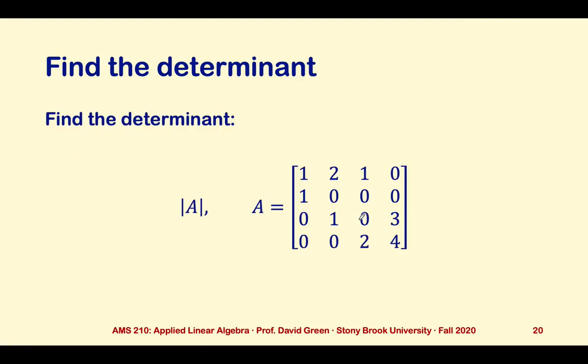Now, let's take a matrix of less of a simple form. We find the determinant of this matrix A. Once again, pause your video, try to find it on your own, and then move forward to look at the worked solution.